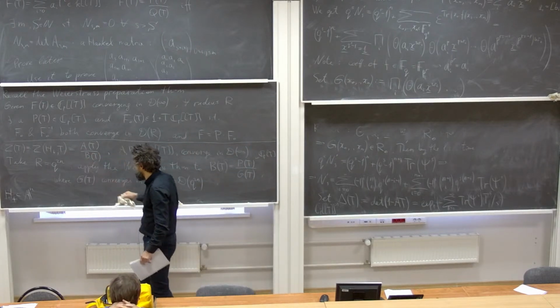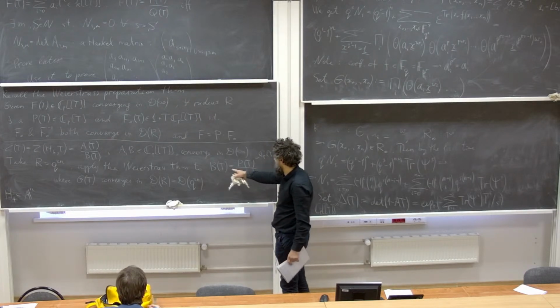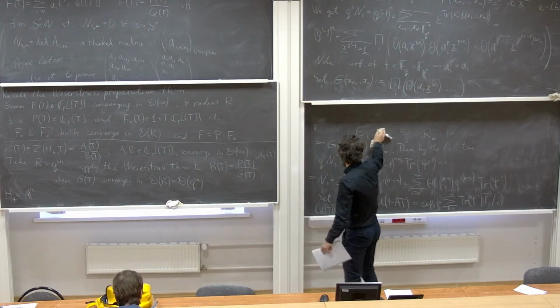A and B are both just formal series converging everywhere, and to one of them I apply the Weierstrass preparation theorem.